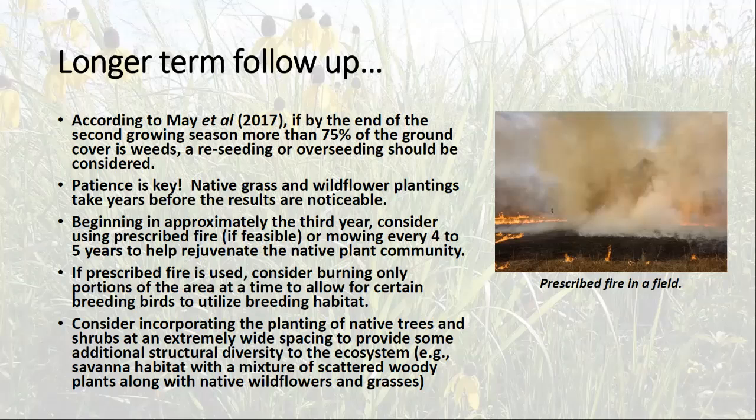But I just want to throw that out there that fire is a great tool to introduce by year 3 if it's possible. If it's not, you can implement a mowing practice as a substitute to help rejuvenate that native plant community starting in year 3, really year 4 in my opinion, but there's a little bit of debate on that topic.